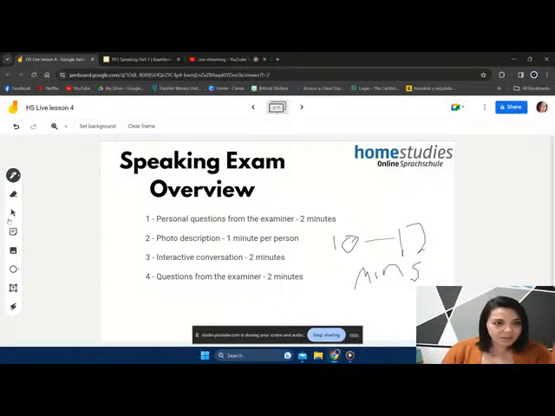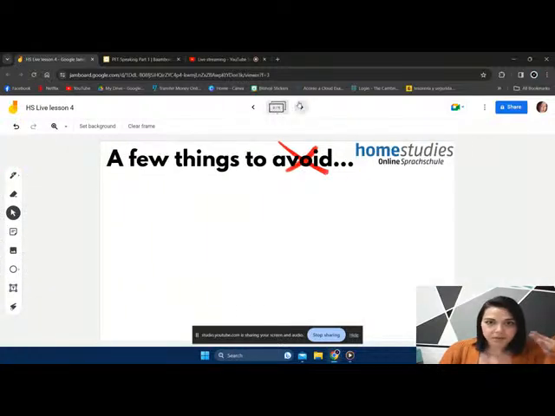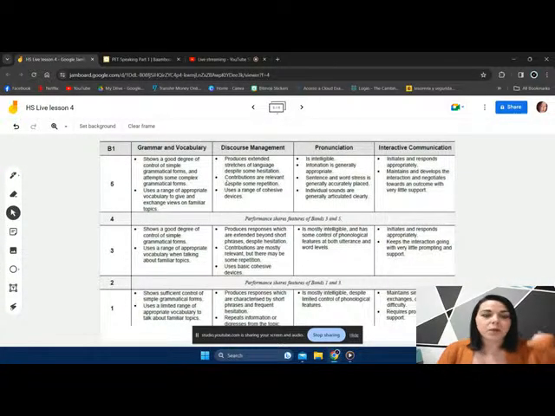And let's move on to the marking criteria. Now remember that we are only looking at one part of the speaking exam today. So it's very unlikely that you would use all of the things that the examiners are looking for in just this one part. Okay, so let's break this down into sections.